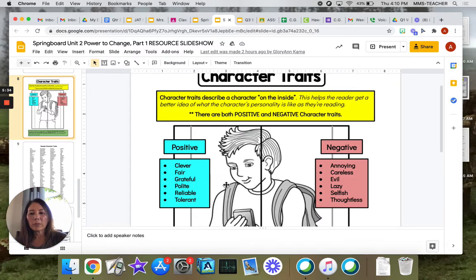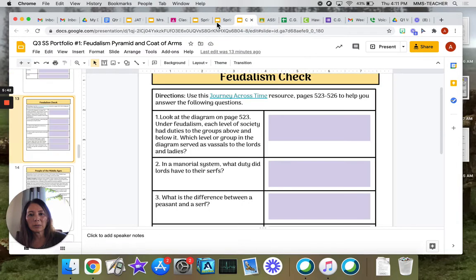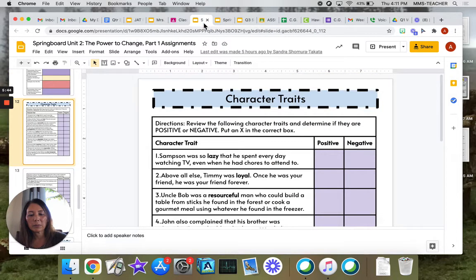Now, after doing that, I'm going to show you your assignment. So your homework assignment for character traits can be found in your assignments slideshow for Springboard Unit 2, and it's on slide numbers 12 and 13.